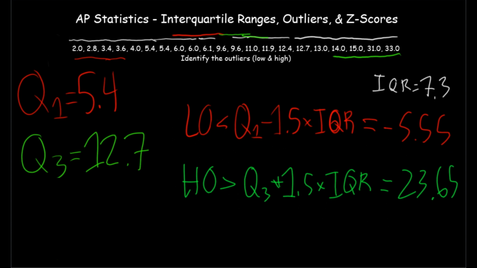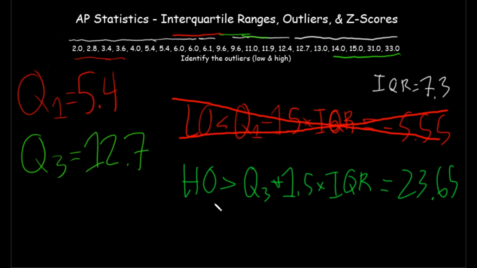Okay, so what does this mean conceptually? Well, this means that there are low outliers in this distribution if they are less than negative 5.55. And in this distribution, there are no numbers that are less than that. There aren't even any numbers that are negative. So we can cross that out. We know there's no low outliers in this distribution.